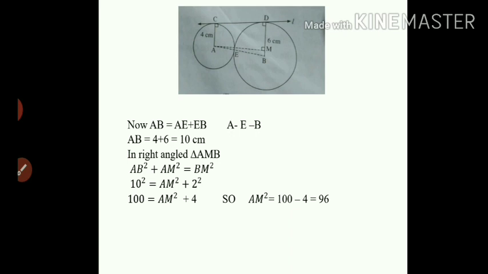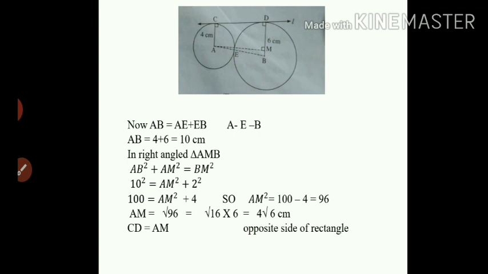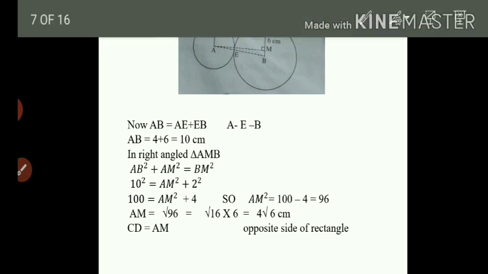By taking square root, 96 will be 16 into 6. 16 is a perfect square of 4. So 4 root 6. That means CD and AM, these both, as opposite sides of the rectangle, will be 4 root 6.